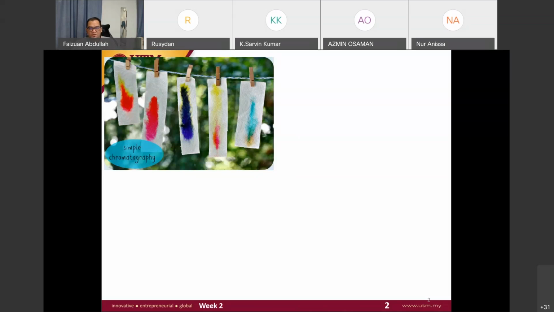You have your mother's cooking ingredients in the kitchen, right? You take the coloring agent, Star Brand, whatsoever that you have for the cake ingredients in your kitchen. Take it and then put a dot on the tissue at the very end of the tissue. You put one dot of any coloring thing.